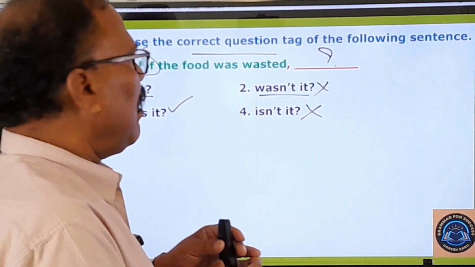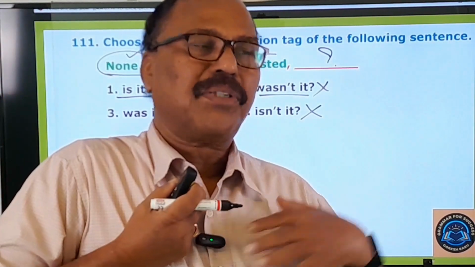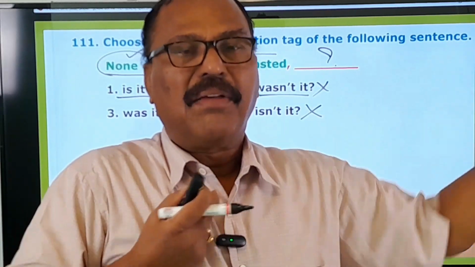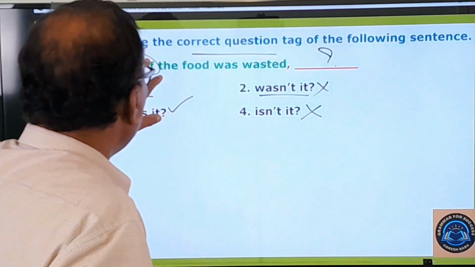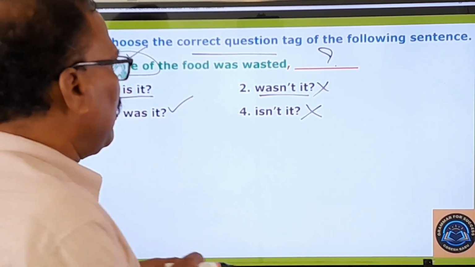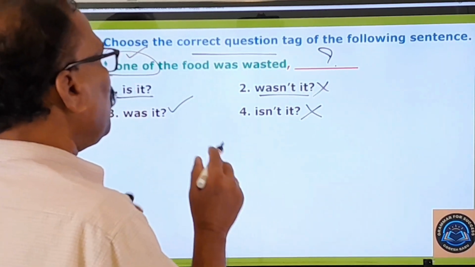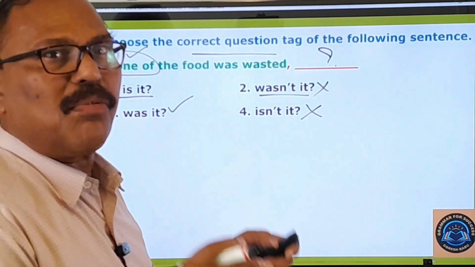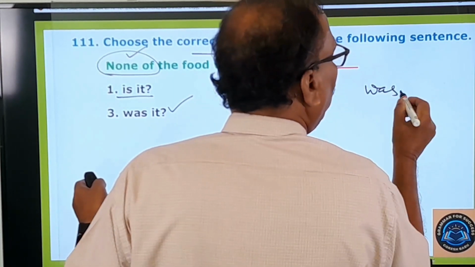You know very well question tag rule. What is the question tag rule? With a positive statement you must use a negative question tag. With a negative statement you must use a positive question tag. So since this is the negative statement, none of the food, that's a negative statement, you have to use the positive question tag. So to make the question tag, what do you do? You take the helping verb out of that, plus it.